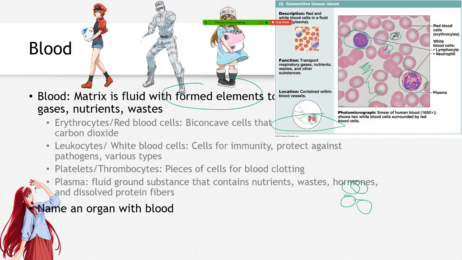So for this one, let's be a little bit more specific. Let's say the heart. Let's say the artery or vein. Or you could say blood vessels too. That's fine with me. What's the smallest of all the blood vessels? Yes, capillaries. Very good. All these are going to be awesome answers. We'll try to keep it in the cardiovascular system.